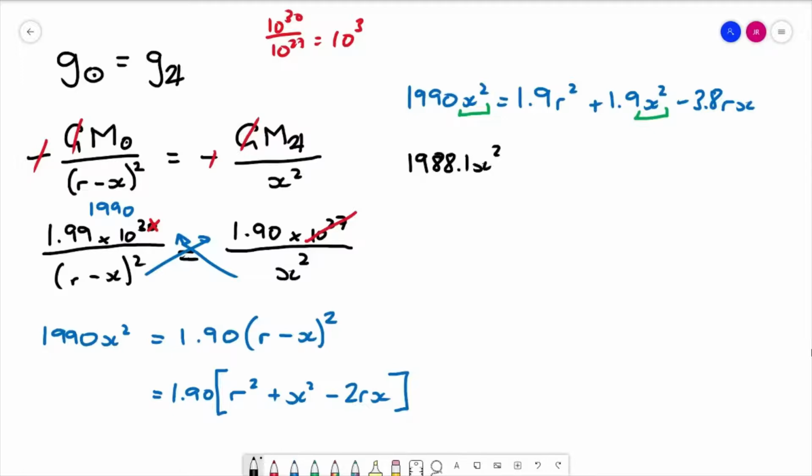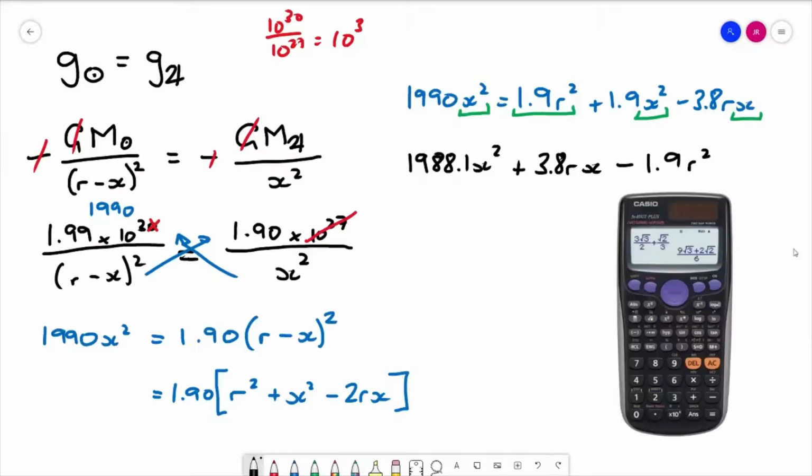Our x term is here, so into that we are going to add 3.8r multiplied by x, and then our constant term, the x to the 0 term, is this one here, and therefore we're going to subtract 1.9r squared. Then, to finish the quadratic off, we set that equal to 0, and there we have a quadratic formula.